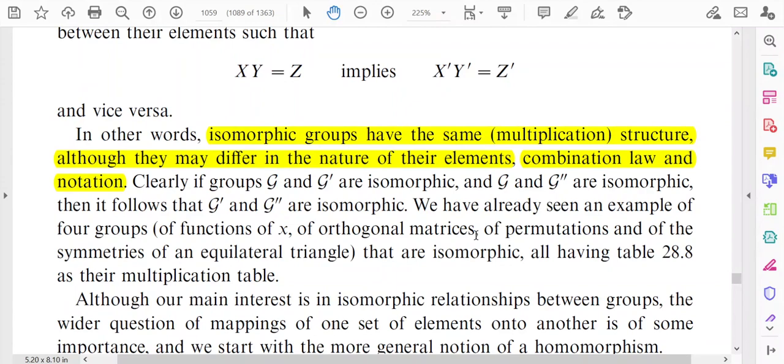In our earlier lecture, we discussed that the functions of X, the orthogonal matrices, the permutation matrices and the symmetries of an equilateral triangle are all isomorphic and have a common structure for their multiplication table.